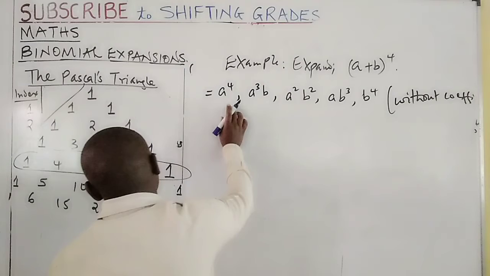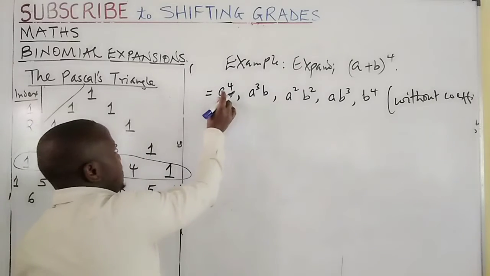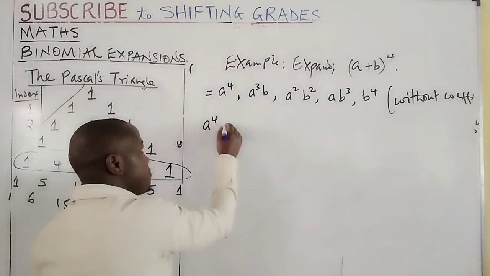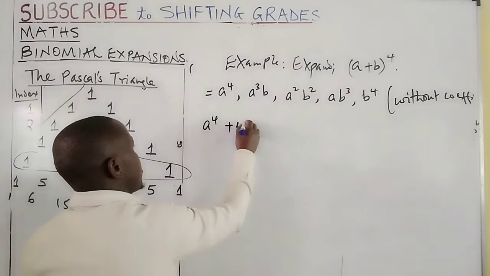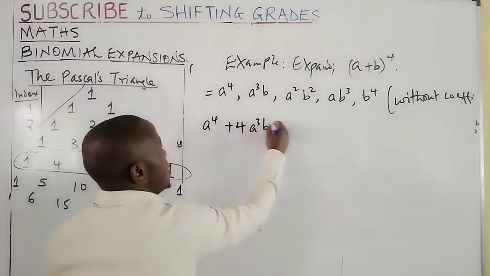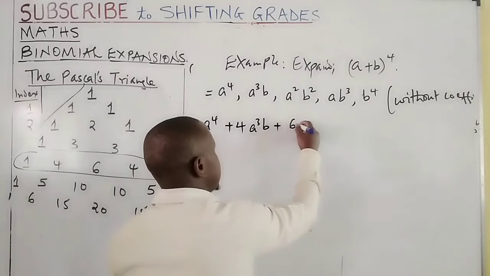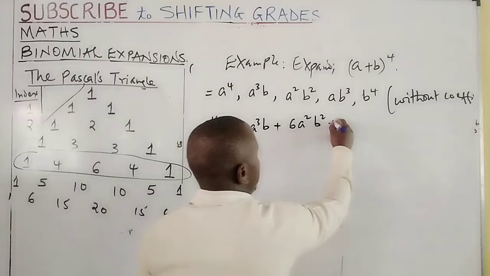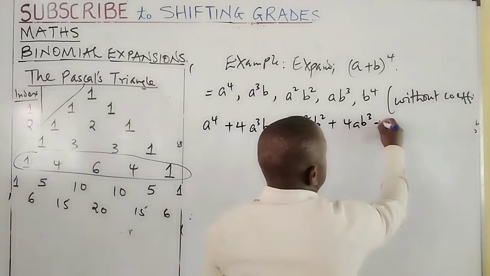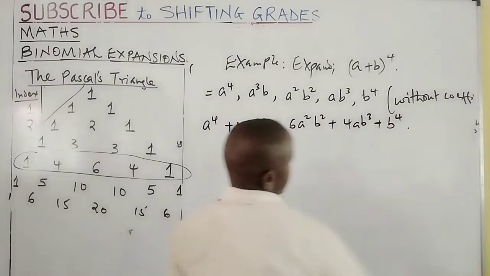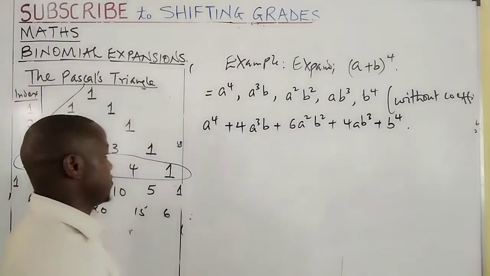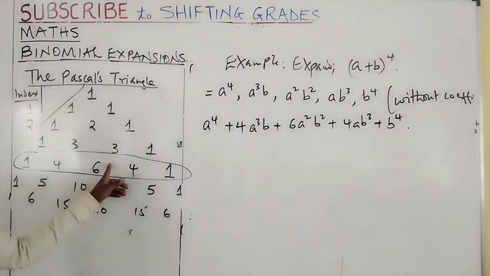Therefore, we insert the coefficients now, and we have a power 4 times 1 is a power 4, plus 4 a power 3 b, plus 6 a power 2 b power 2, plus this one times 1.